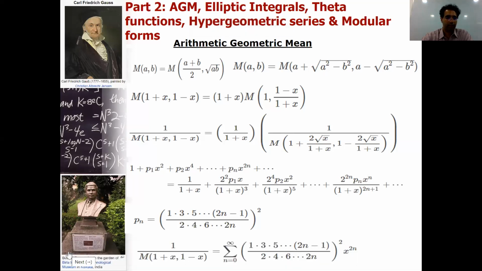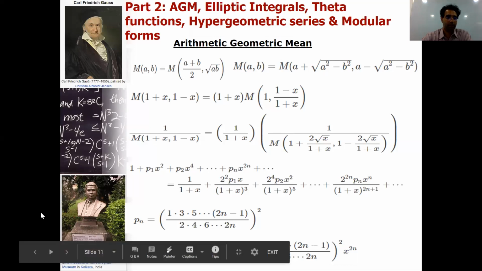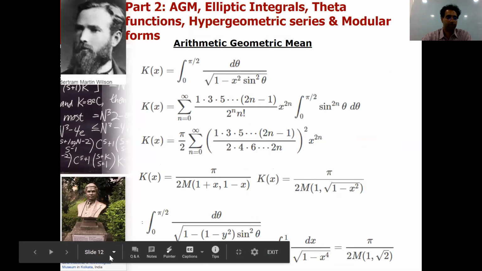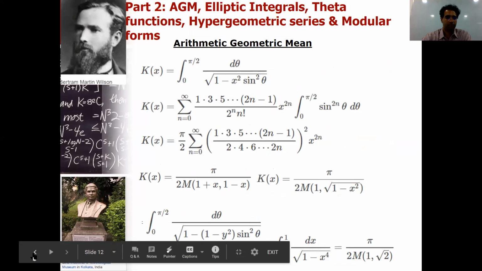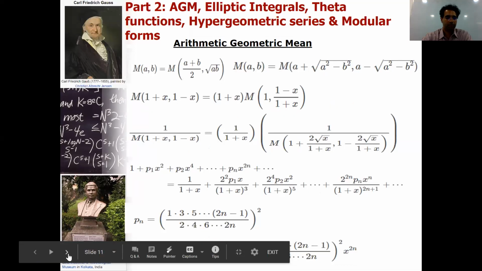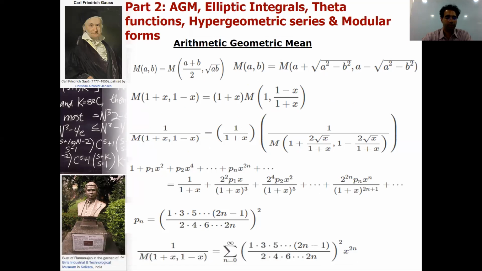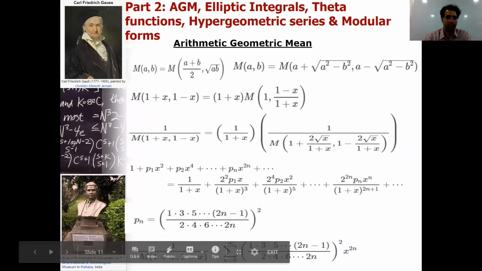And then once you have that, you can express the AGM, the arithmetic-geometric mean. Here we can see that 1 divided by the arithmetic-geometric mean of 1 + x and 1 - x is given by this relation around this coefficient.